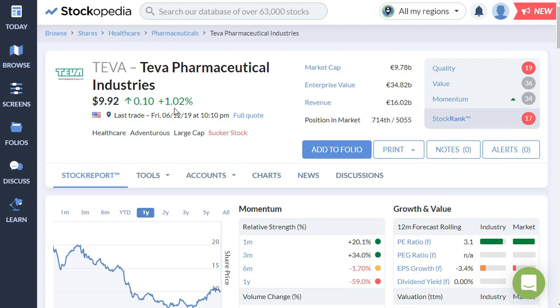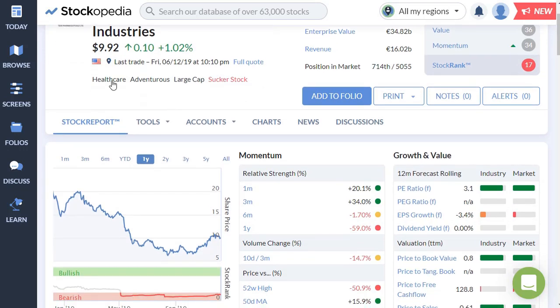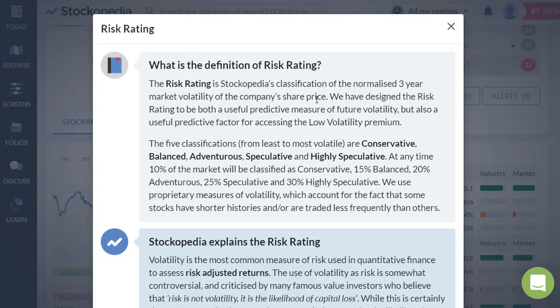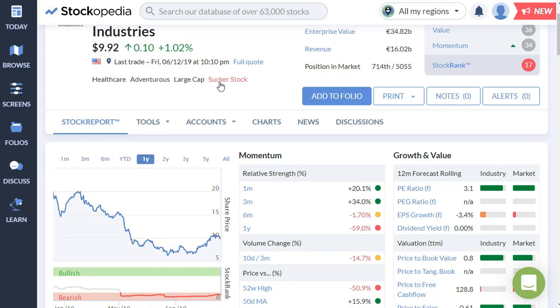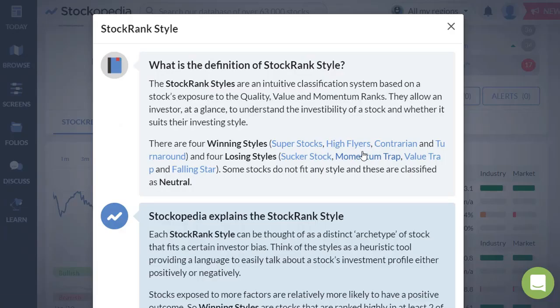This is maybe a turnaround case, but here you can see it is healthcare. It is adventurous, and if we look at that, there is also a definition of that. There are definitions of anything in this program. You're never left alone here. It is a large cap, but it is also called a sucker stock, and they have a definition of that.